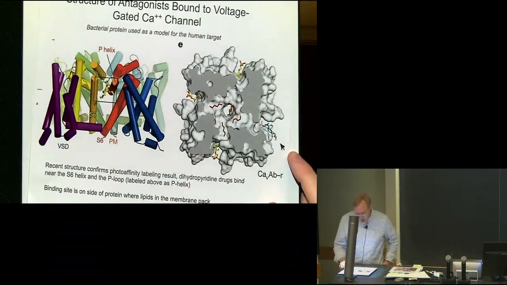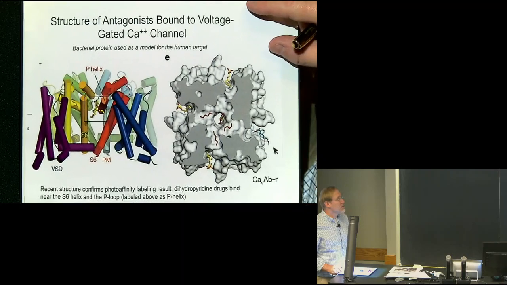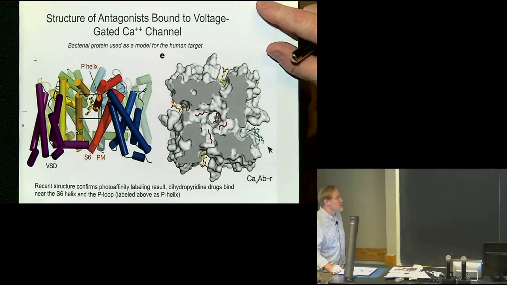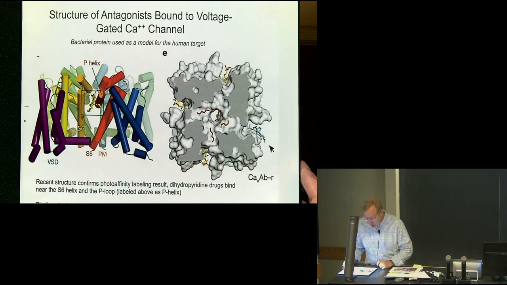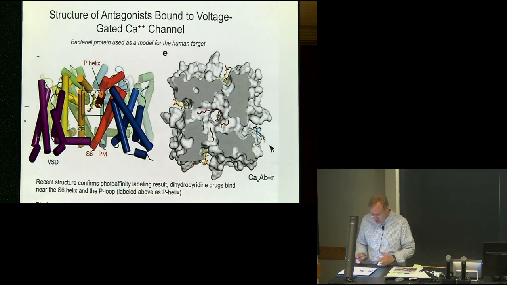Okay, so then in 2016, a bacterial protein was found that was a voltage-gated calcium ion channel. This is used as a model for how the human protein actually looks. So this would be that alpha-1 subunit made up of these four repeats of those transmembrane domain spanning regions, and that seems to be true.